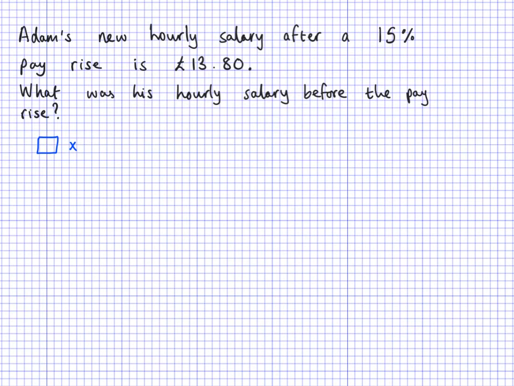So an increase of 15% has the multiplier 1.15. Now, when I multiply by that multiplier, the answer that I would have got is £13.80. So to solve this equation, divide both sides by 1.15. And then the original salary is equal to £13.80 divided by 1.15, and that is £12.